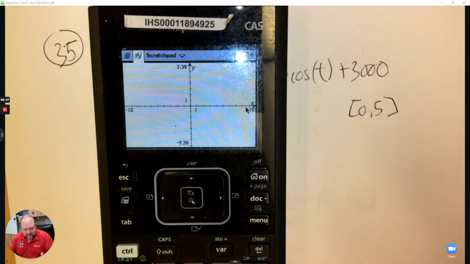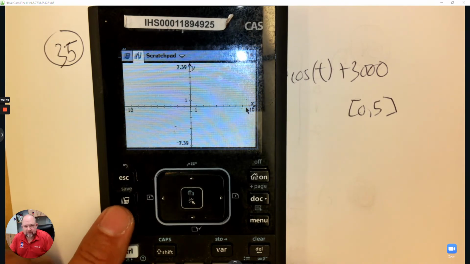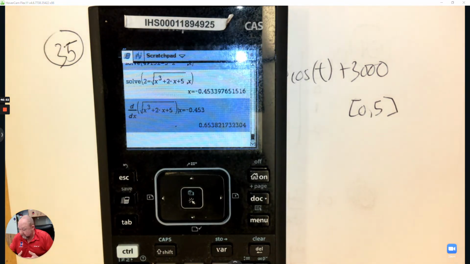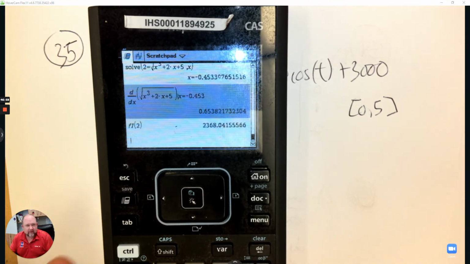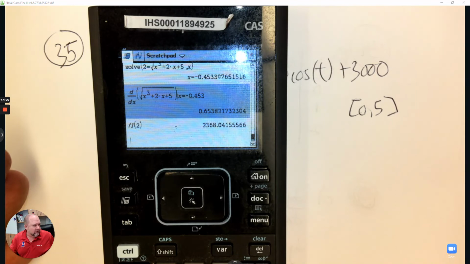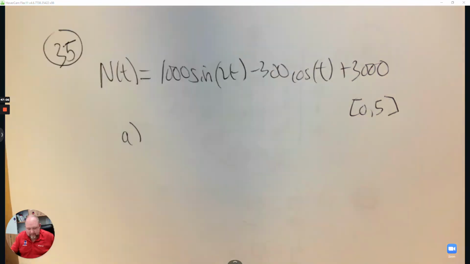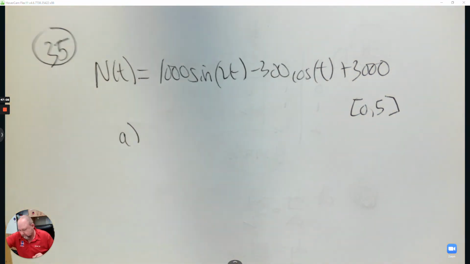I'm not really thinking about the graph. Press the shaky calculator again, and so when it says find the value at 2, all you have to do is go F1, 2, control enter, and it's already there, ready to go. So it's 2,368 rabbits, because that's what we're talking about.